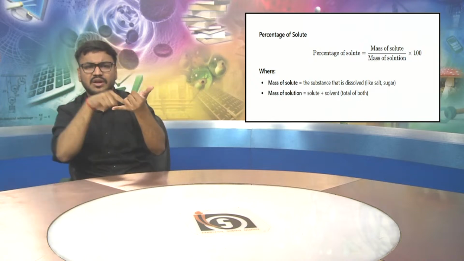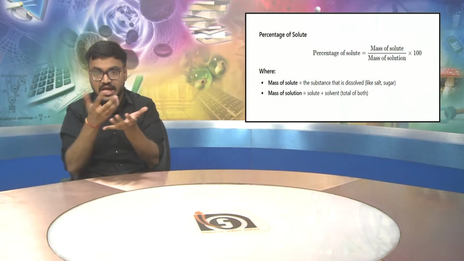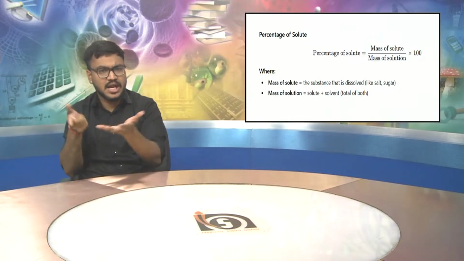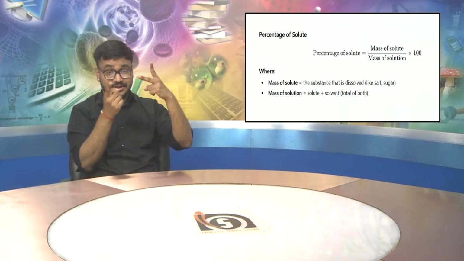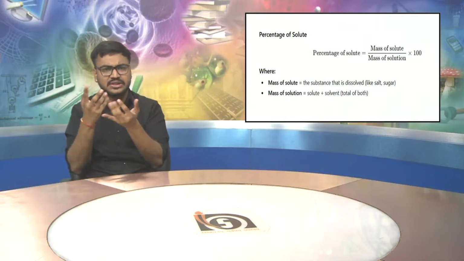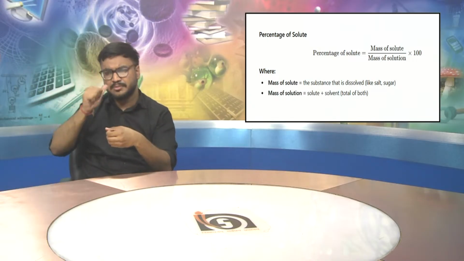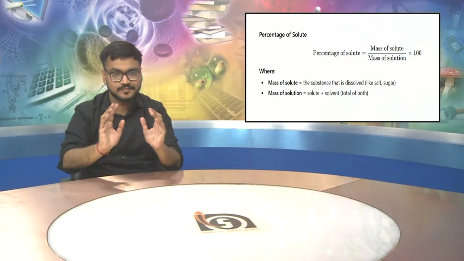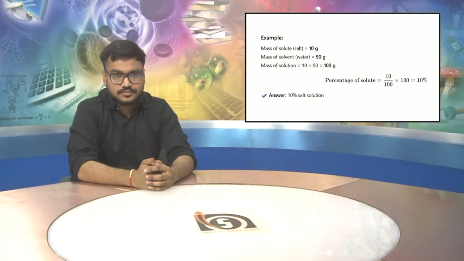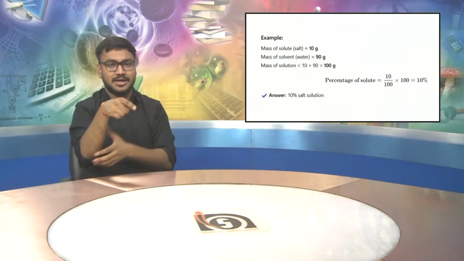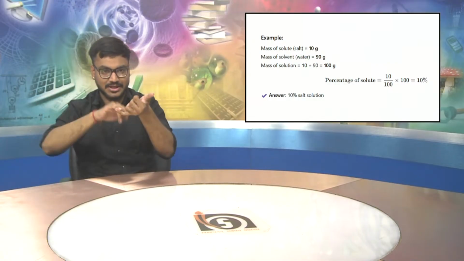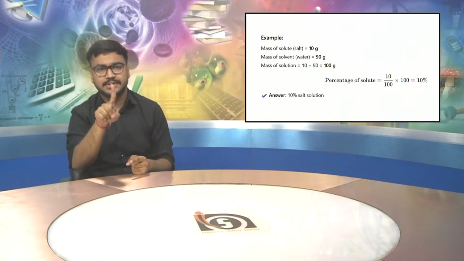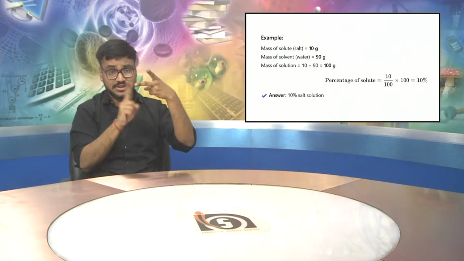Whereas mass of solute means the substance that is dissolved, like sugar or salt, and mass of solution is solute plus solvent. Now let's put some numbers in that formula.